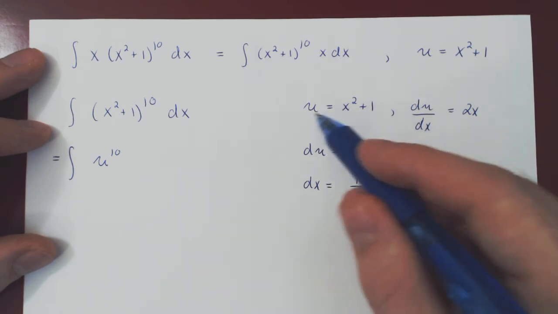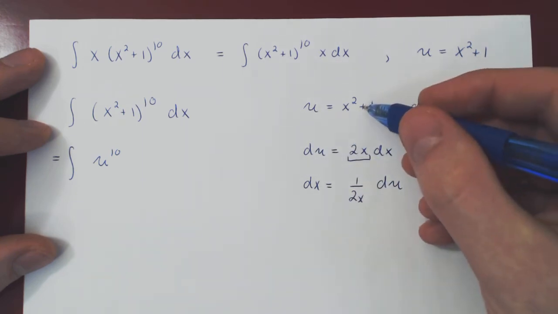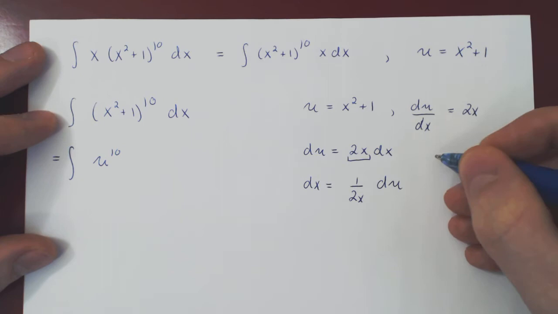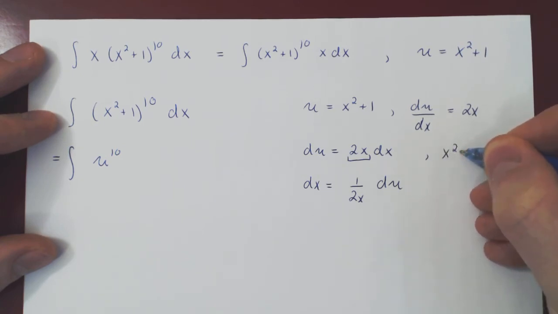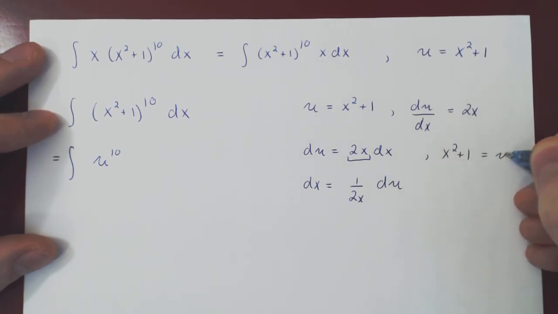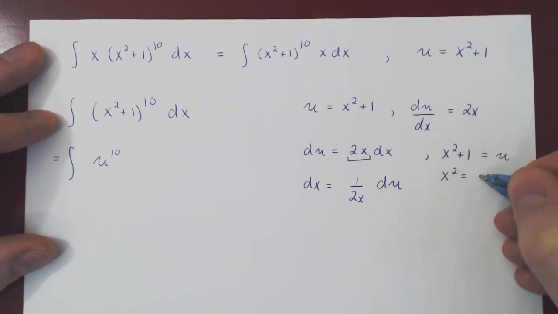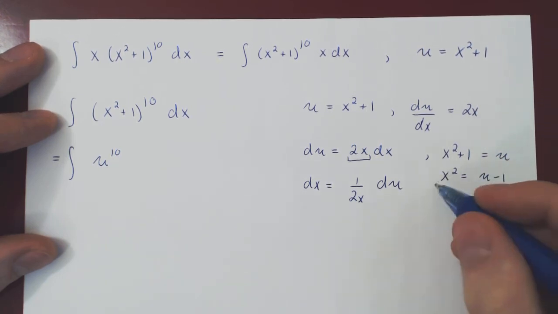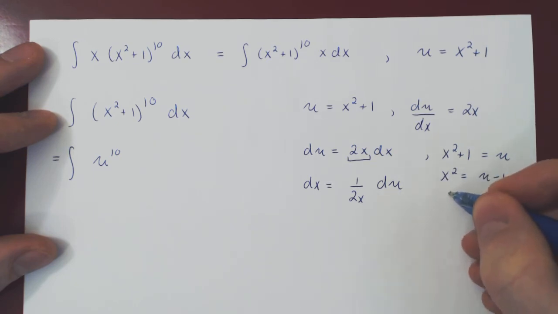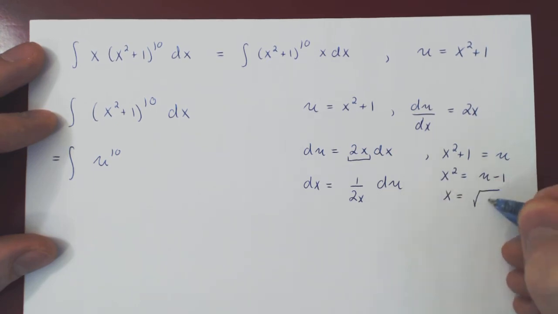And if you go back, well, we can solve for x as a function of u, right? If x squared plus 1 is equal to u, subtract 1 on both sides, so x squared will be u minus 1. Take the square root on both sides, and x ends up being the square root of u minus 1.